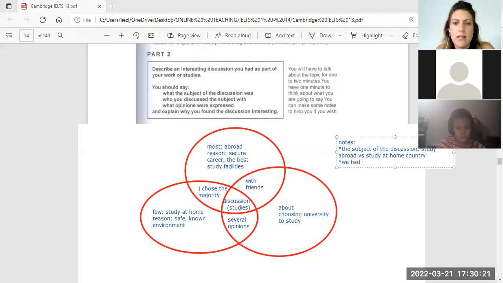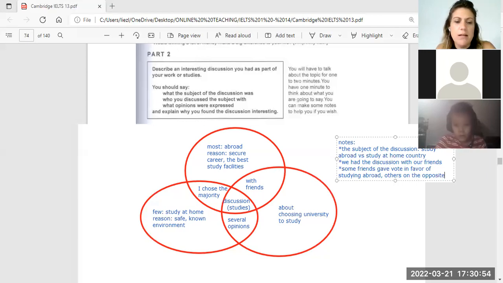Then next, we had the discussion with our friends about whether they're going to study abroad or at home. Some friends gave a vote in favor of studying abroad, and others on the opposite.